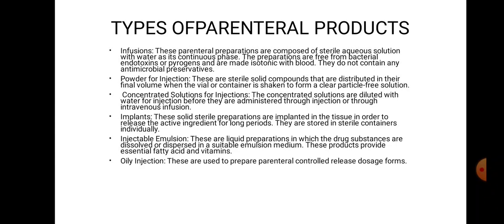They are sterile, pyrogen free solid substances distributed in their final containers, and which, when the prescribed volume of the appropriate sterile liquid is added, rapidly form either clear and practically particle free solutions or uniform suspensions.